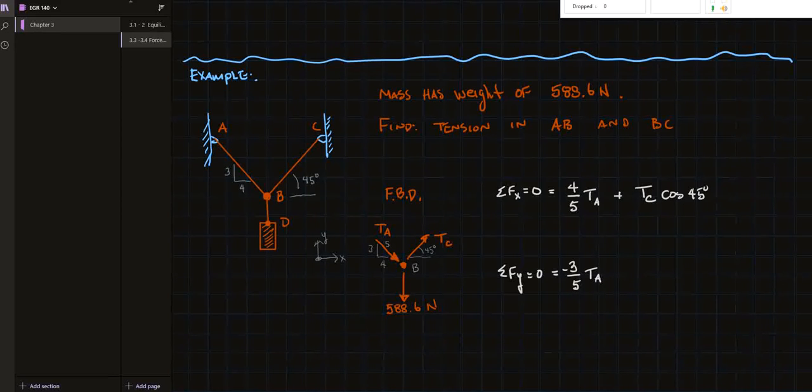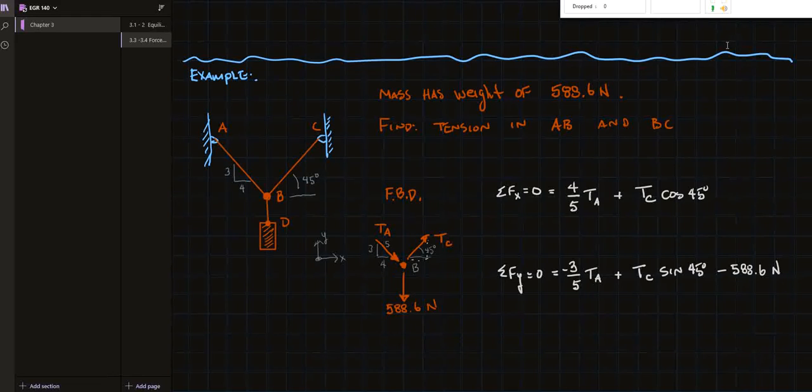And then the TC component is going to be pointing up, so plus TC sine of 45 degrees. Finally, we have 588.6 newtons pointing down.